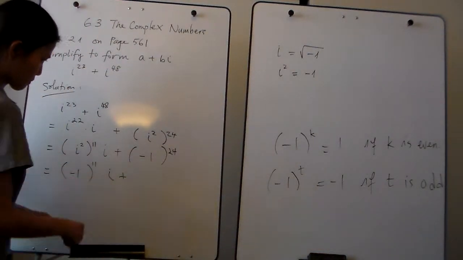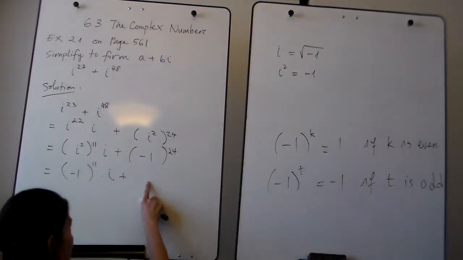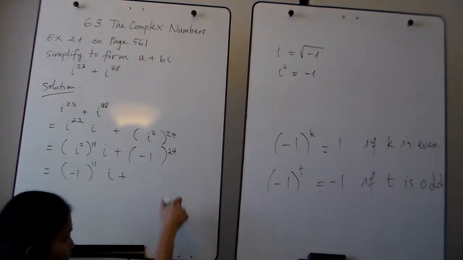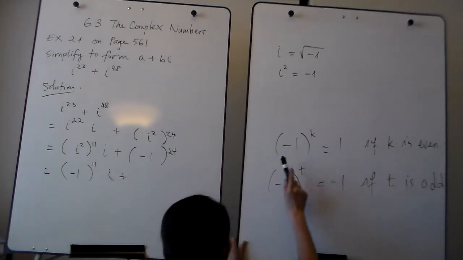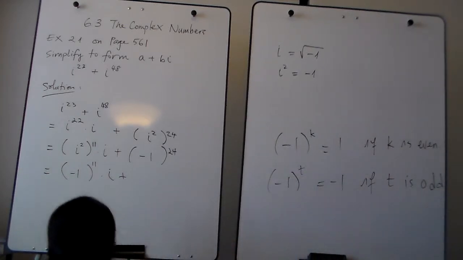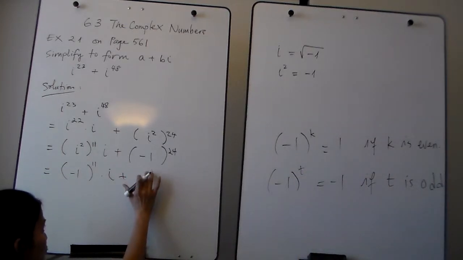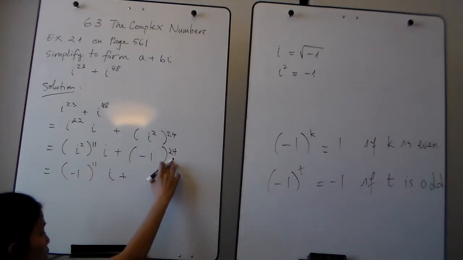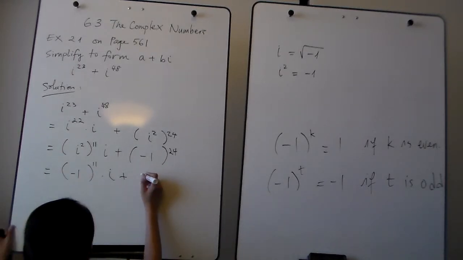So from here, -1 raised to an even exponent will always simplify to 1. So -1 raised to the 24th equals 1.